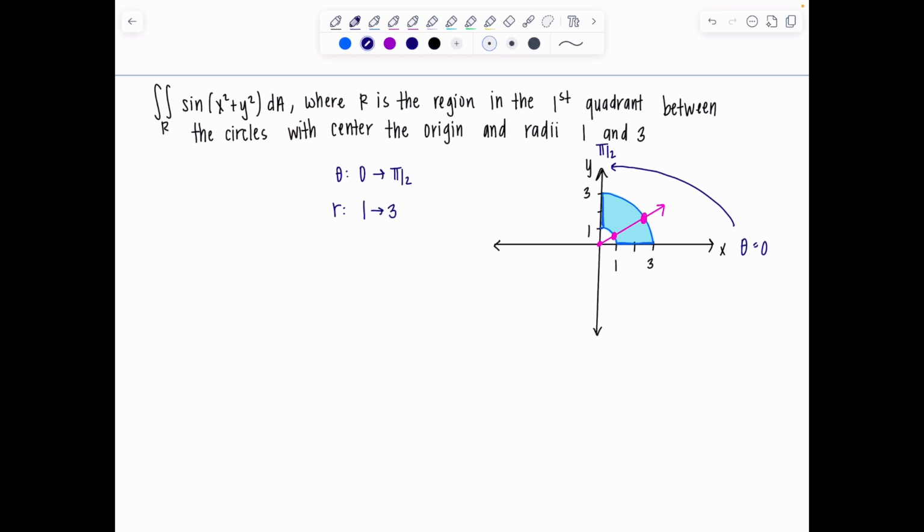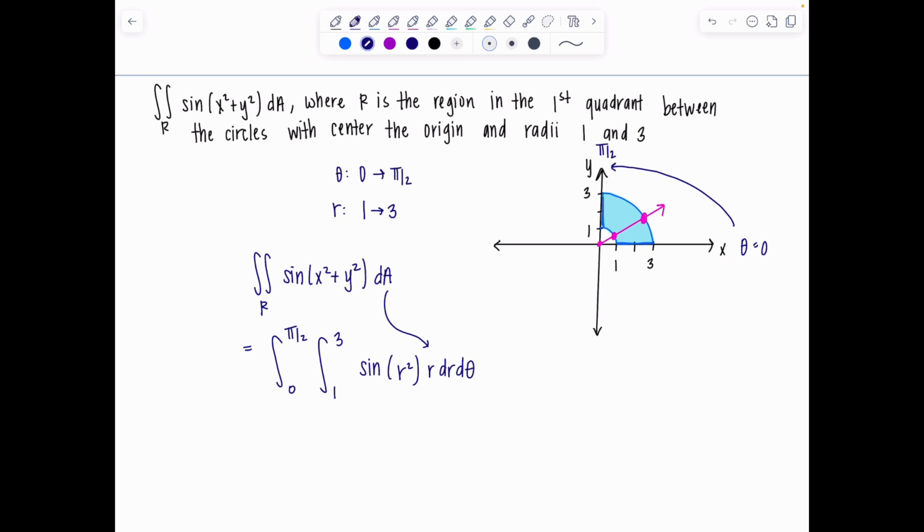Now we have double integral over R sine of x squared plus y squared dA, and we've decided we're going polar, so theta on the outside, 0 to pi over 2, 1 to 3 next, sine of, now x squared plus y squared is just r squared in polar, and dA is r dr d theta.